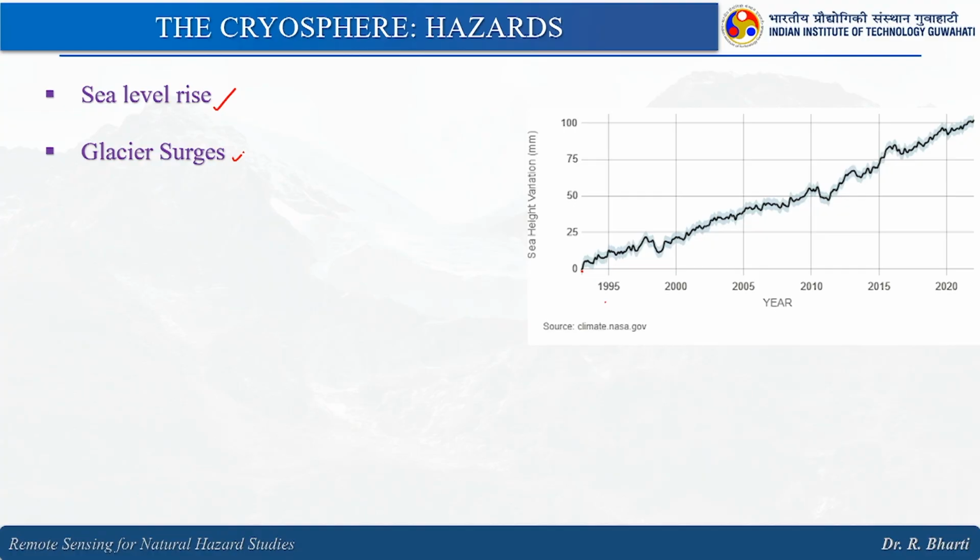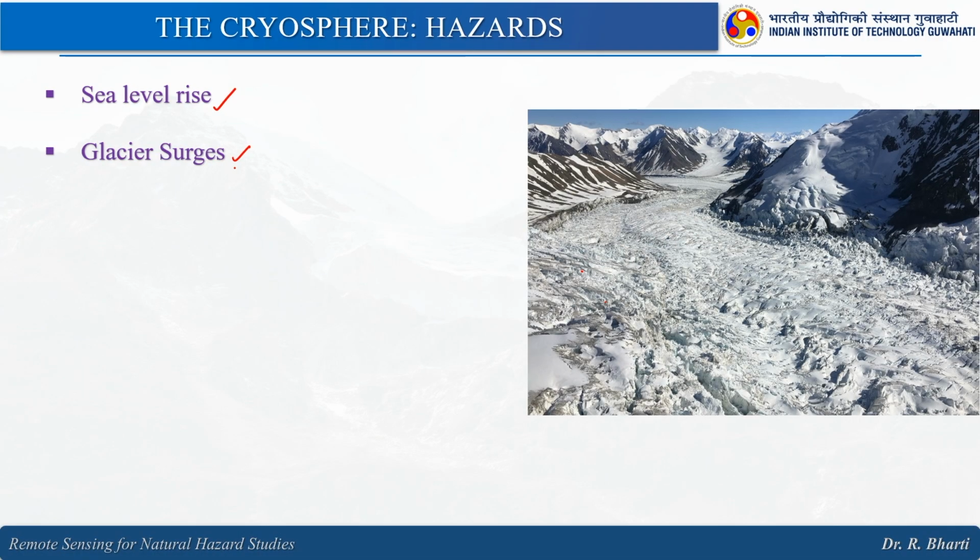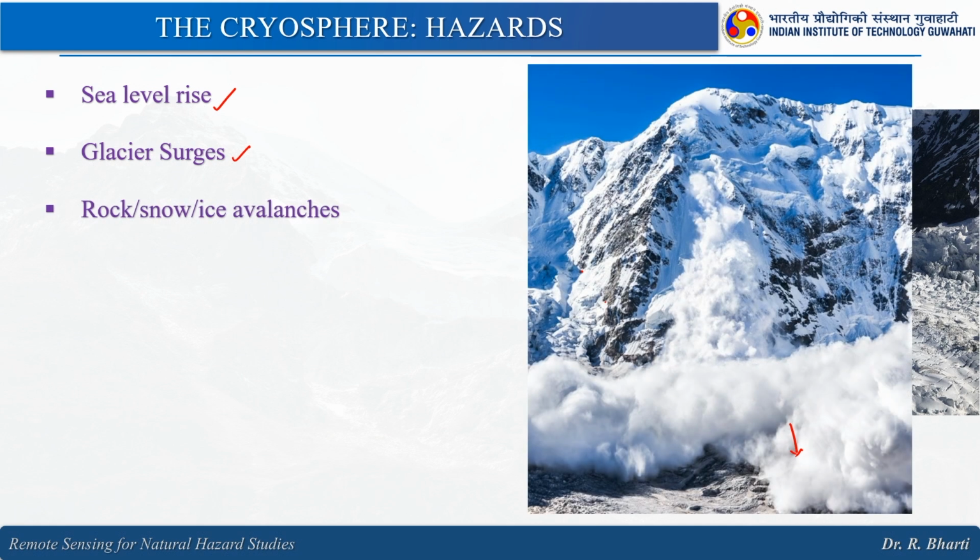Then comes the glacial surges, because of more melting and changing climatic conditions, that will affect the downstream area. Rock, snow or ice avalanche is one of the very critical conditions. If you follow the news channels, avalanche is one of the major problems in the high altitude region which is glaciated or has snow.